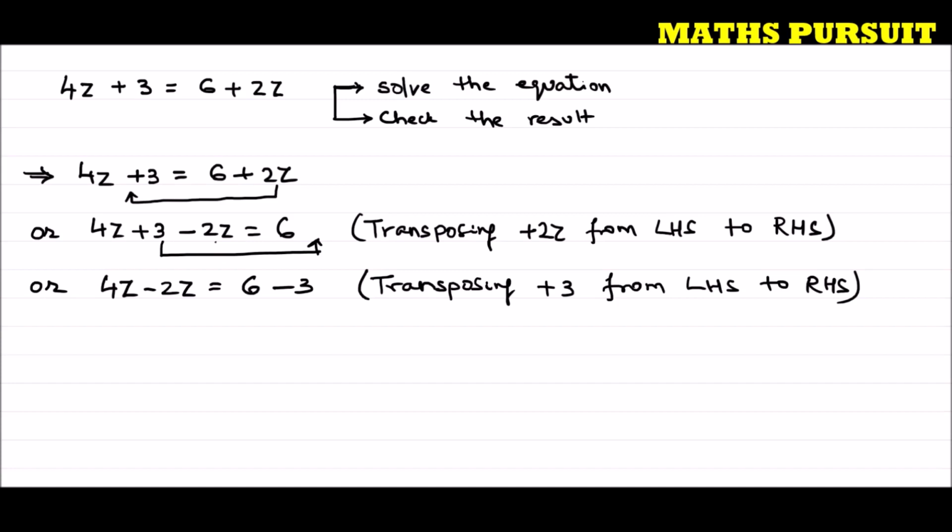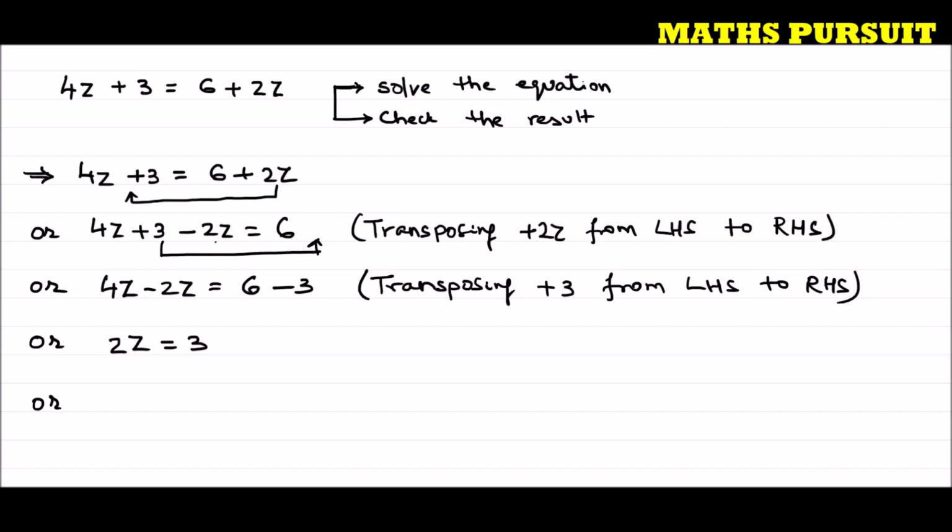And what we got? We got 4z minus 2z is equal to 6 minus 3. Or I can write 2z is equal to 3. How? 4z minus 2z is 2z, 6 minus 3 is 3.